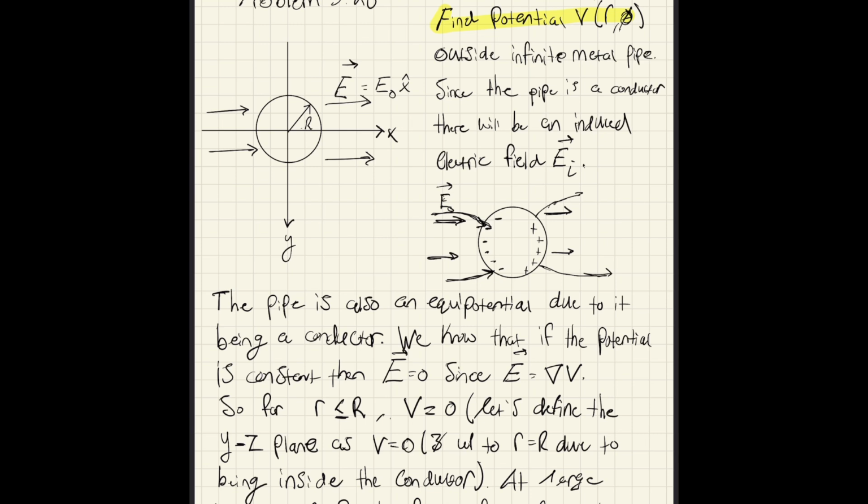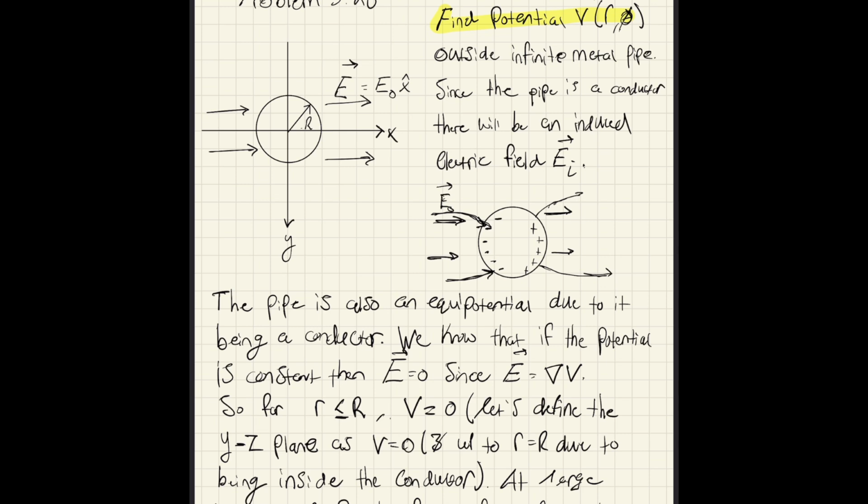Coming in and out of the page is the z-axis, to the right is the x-axis, up and down is the y-axis. It has a radius of capital R, and I've drawn some arrows to represent the uniform electric field that has a uniform magnitude of E naught, in the x hat direction. So it's at right angles to the pipe.